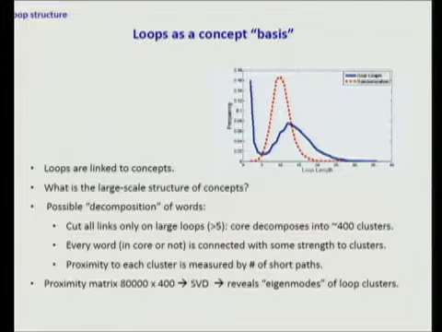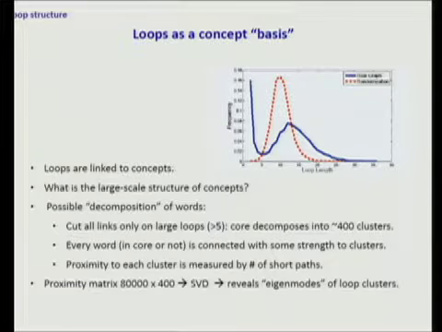Good. So the idea is that loops are linked somehow to concepts, and we would like to see if, except from this small scale structure of a loop, we can define a larger scale structure, maybe some basis of loops. So we do something very natural. We try to give each word a coordinate using these loops.